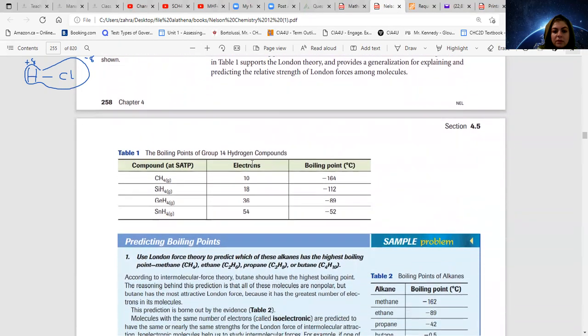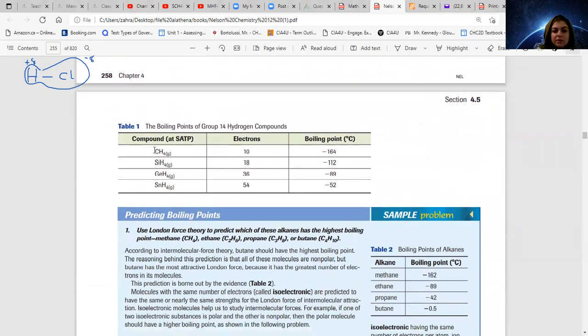Okay, so looking at this, we have CH4, SiH4, GeH4, SnH4. All of them are non-polar. You want to compare the boiling points. The first one has 10 electrons. Here is 18, 36, and 54. So the number of electrons increases as you go down, and the boiling point increases, of course, because the London force is the force between them.